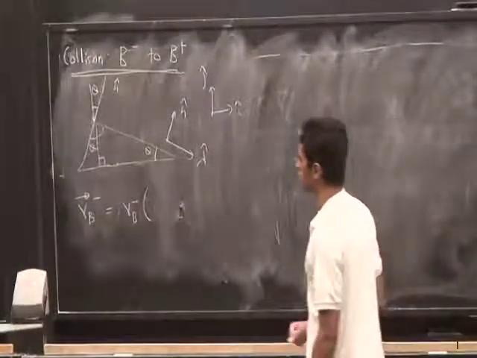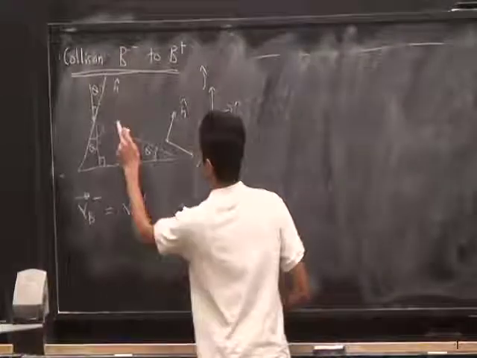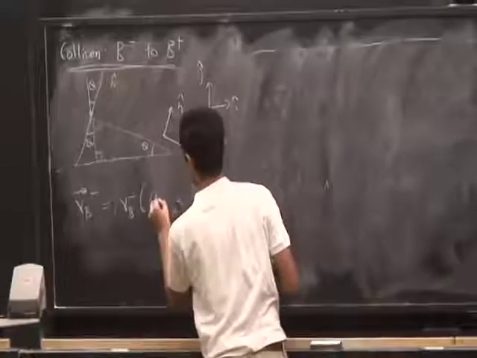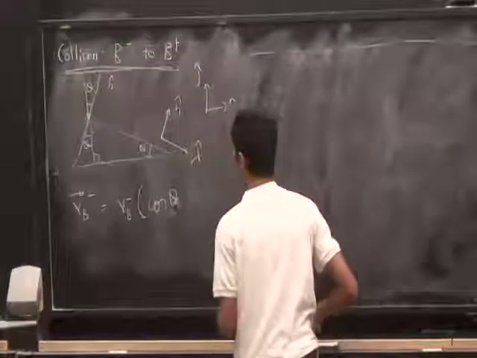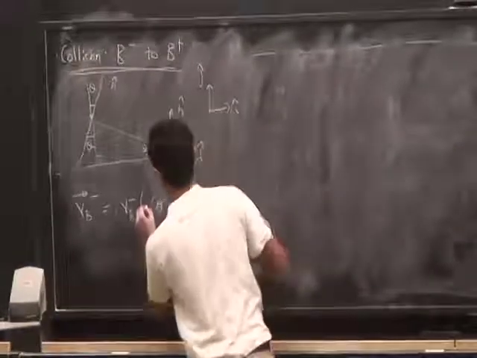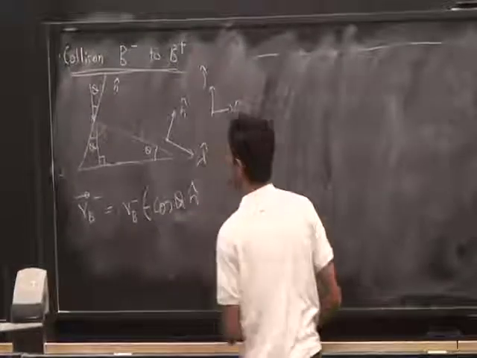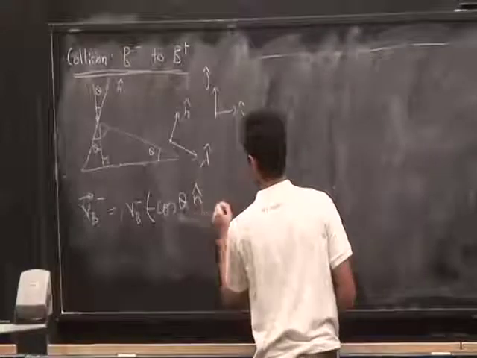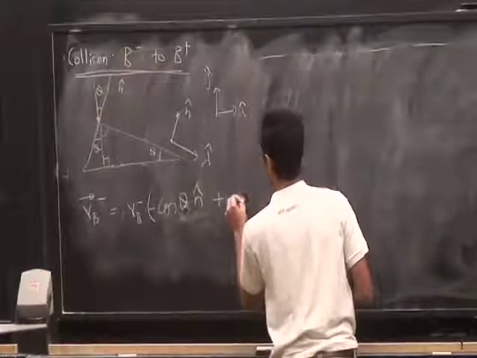Okay, so the velocity now can be written in this frame. It's vB cos theta along negative n, and it's vB sine theta along lambda.